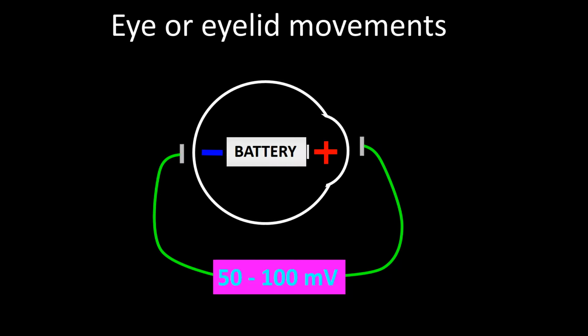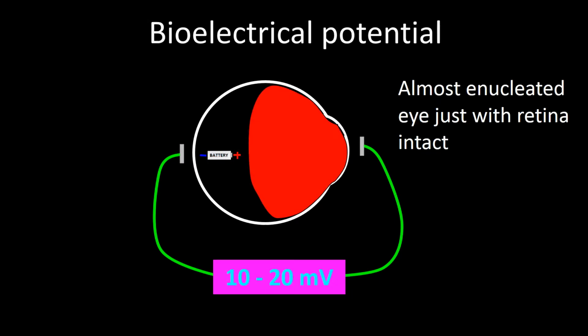There is a relatively large direct current potential between these two poles. This potential persists, but to a lesser extent, even when the eye is enucleated. Usually, when the eye is enucleated, there's still some part of the retina that is preserved.